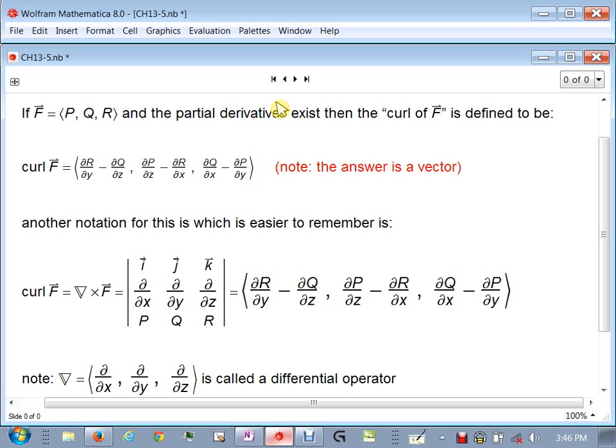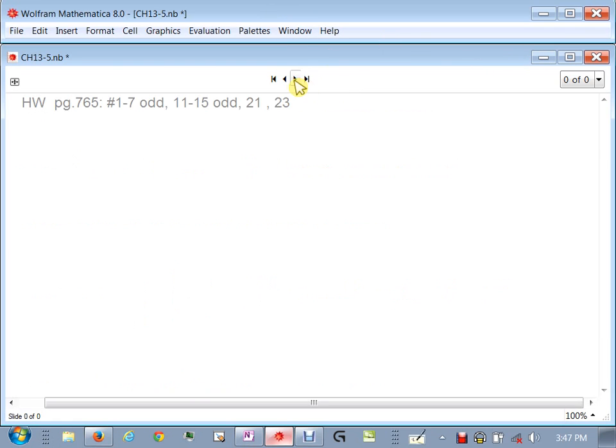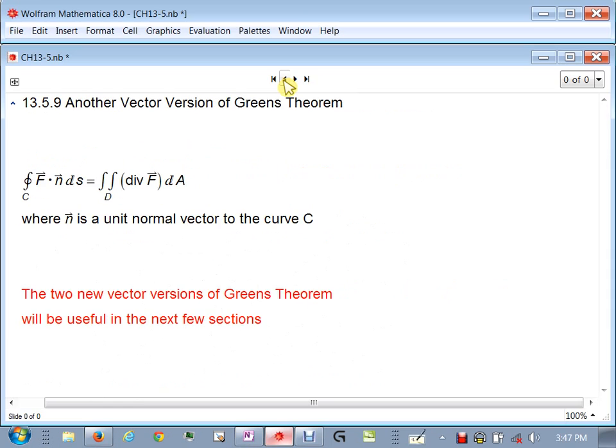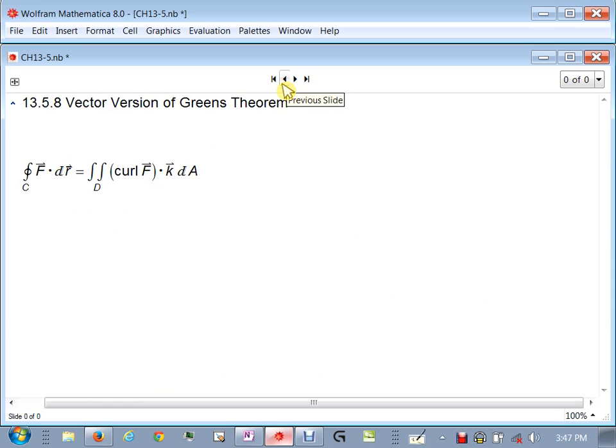So if I take this curl vector and I dot it with 0, 0, 1, the only thing that survives that dotting is that last piece, right? So it's just another way of writing something we've seen.